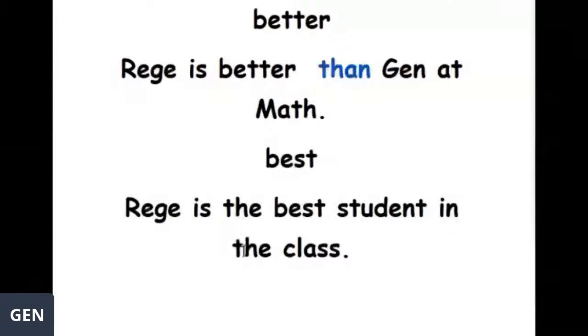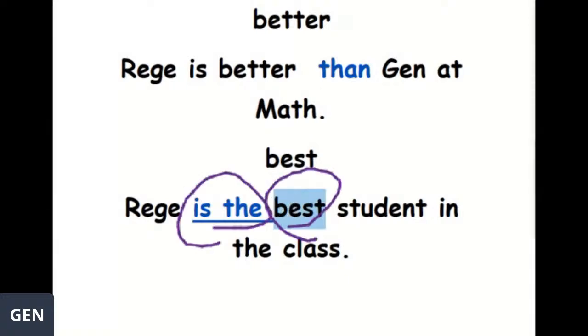Reggie is the best student in the class, or the best in math, for example. And that's done. So is the, don't forget, is the, and of course, best, that's the superlative. So best and is the and student in the class. And that's finished.